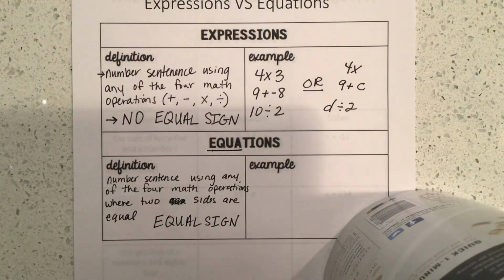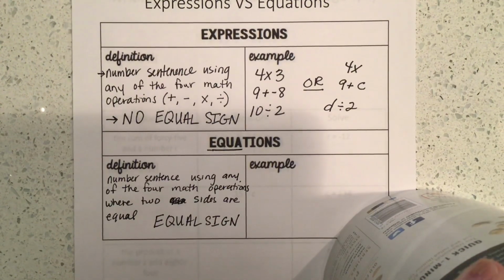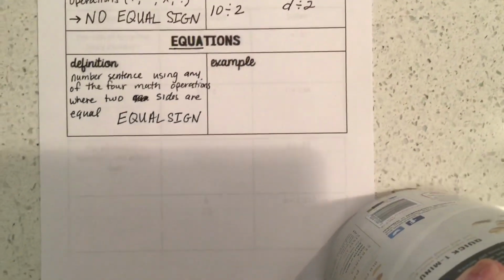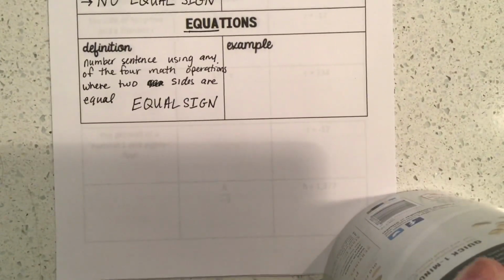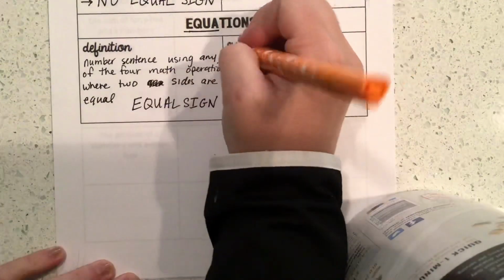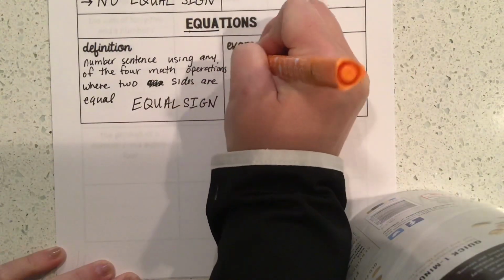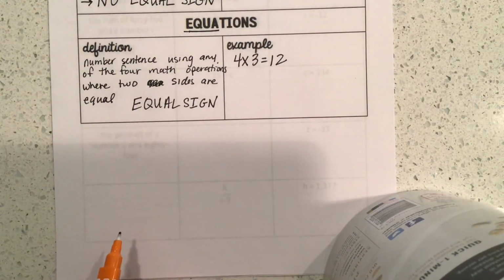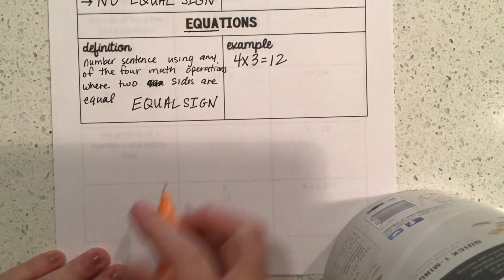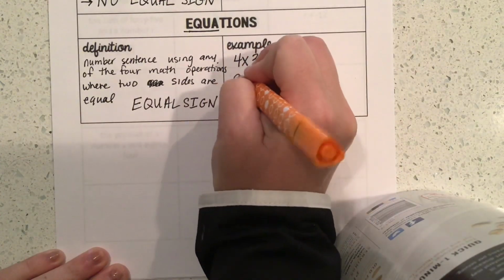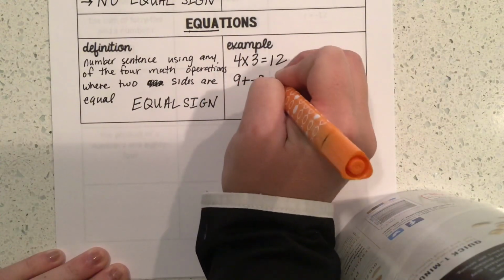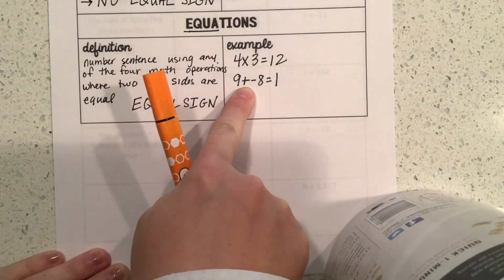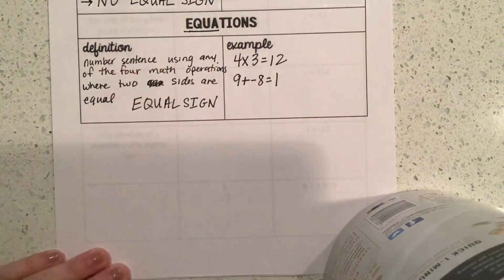Okay, and now we're going to go into equation examples. Let me try to move my contraption here. Okay, so an example of an equation would be 4 times 3 equals 12. Or 9 plus negative 8 equals 1. This side of the equation is equal to this side of the equation.